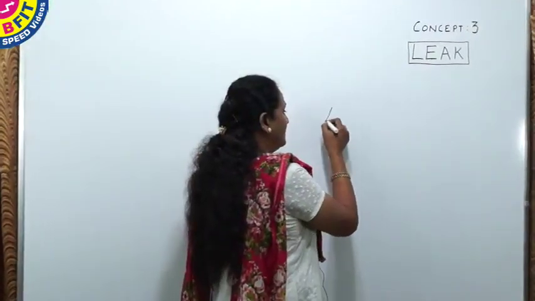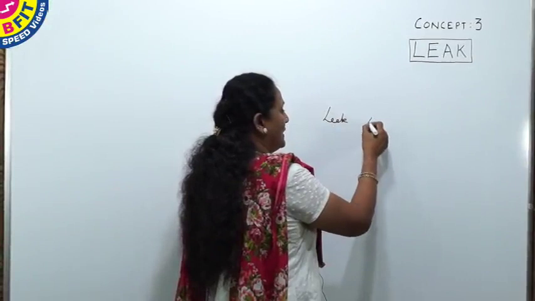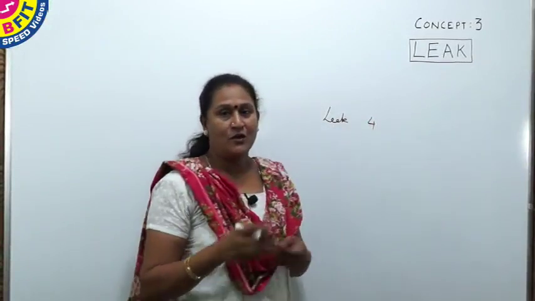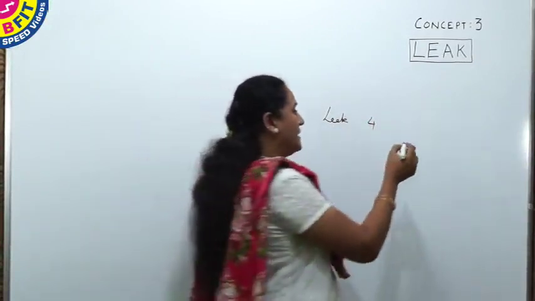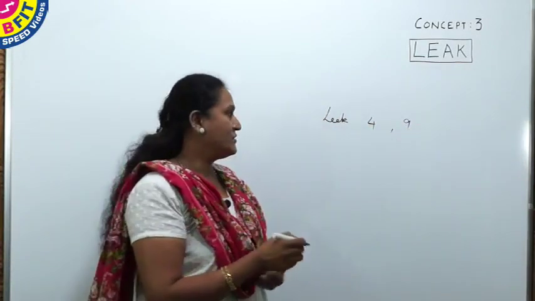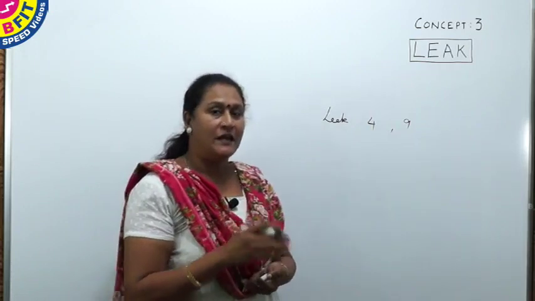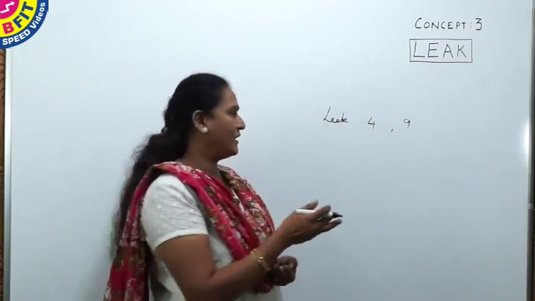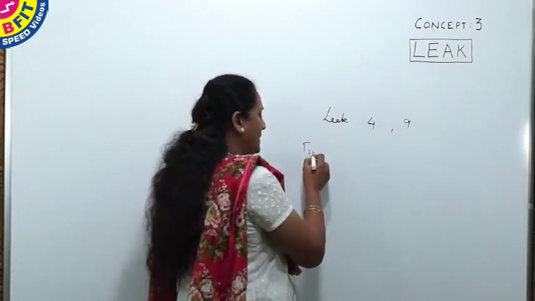So for the leak, the usual time is 4 hours, and because pipe A is filling, it is taking more time, that is 9 hours. Now we are asked to find the time taken by A to fill the whole tank.